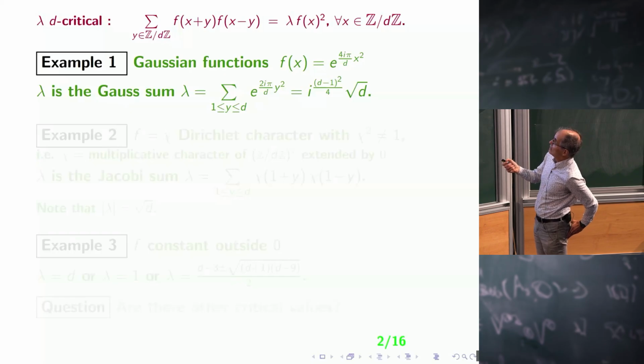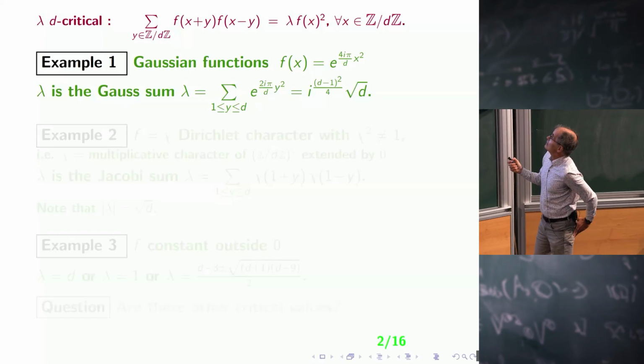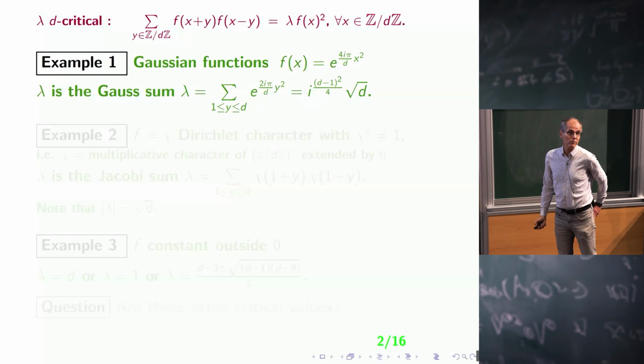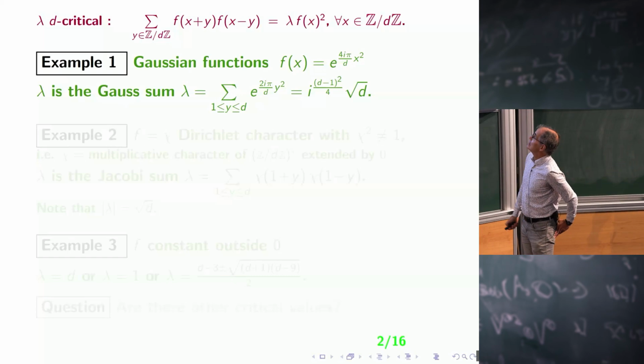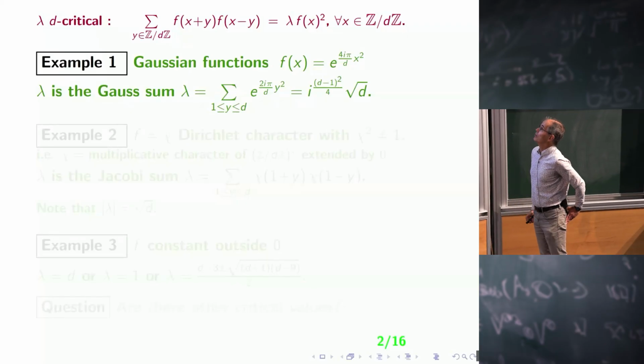And the scalar that occurs is just the Gauss sum, which has been computed by Gauss. It's equal to square root of d when d is equal to 1 mod 4, and to i square root of d when d is equal to 3 mod 4. OK, that's the first example.